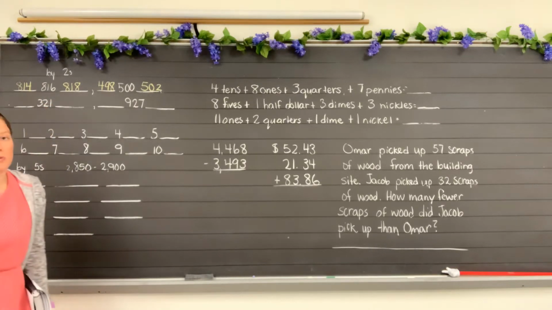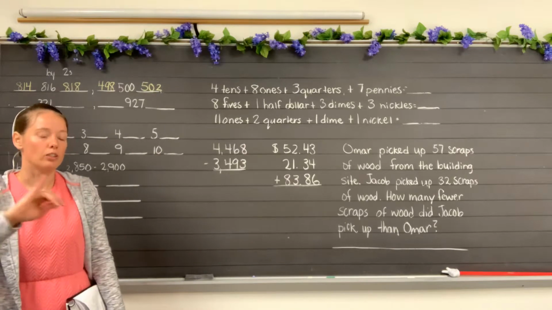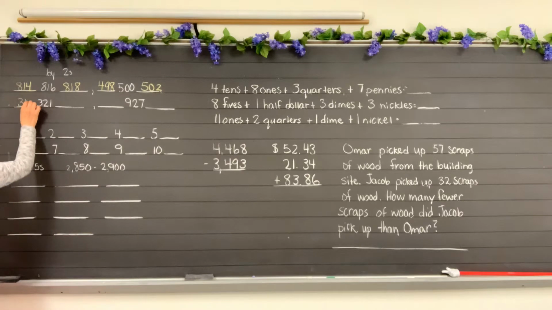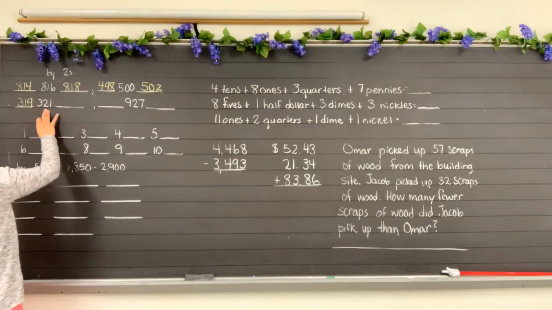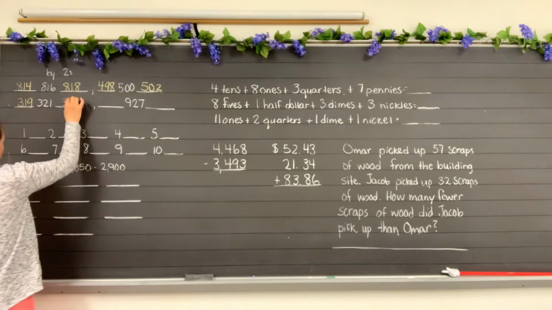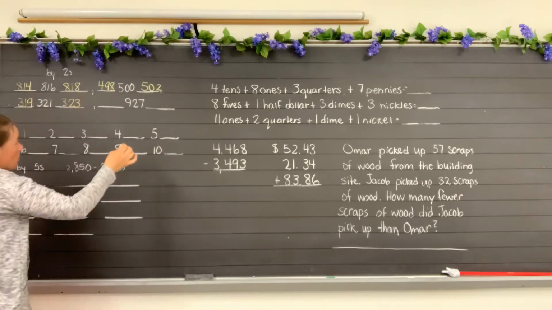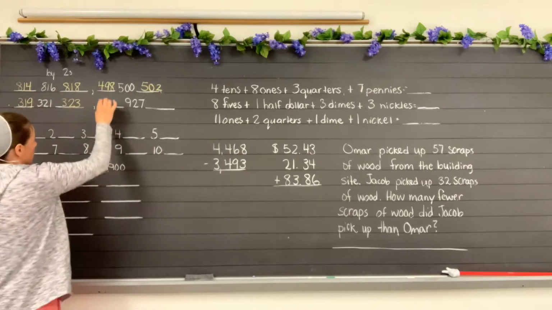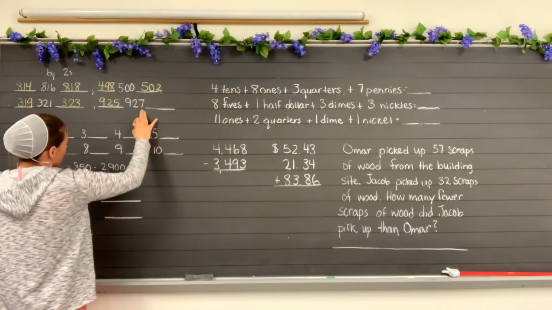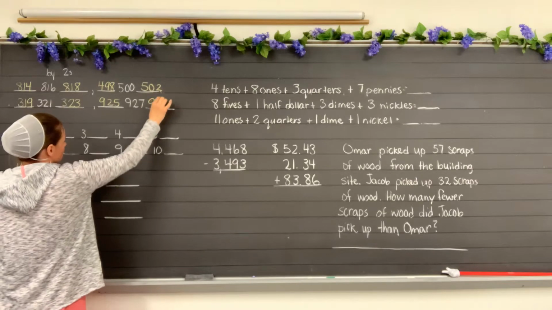What's two numbers before 21? 320, 319. So 319, and then after 321 is 323. Before 927 comes 925. After 927 comes 929.